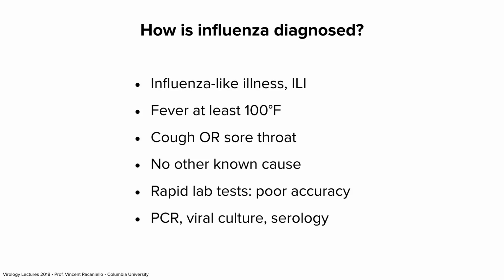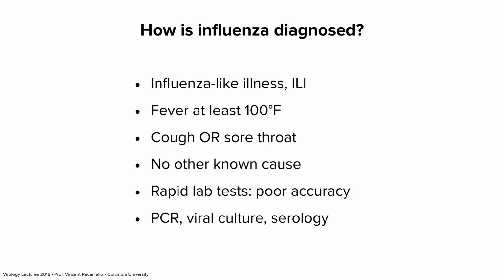There are two ways you can diagnose flu. If it's the flu season, which is October to April, May, and you have influenza-like illness, which is fever at 100 degrees, cough, or sore throat, that's it. You go to a doc, they will say, you have flu, it's the season, you have the right symptoms. There are lab tests, which a doctor can do in office, but they don't have very good accuracy.